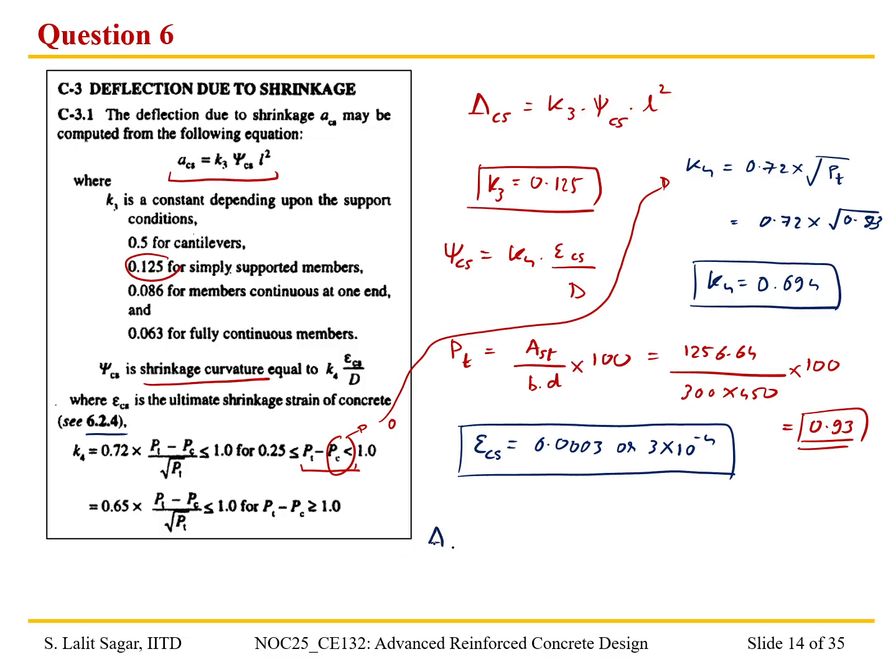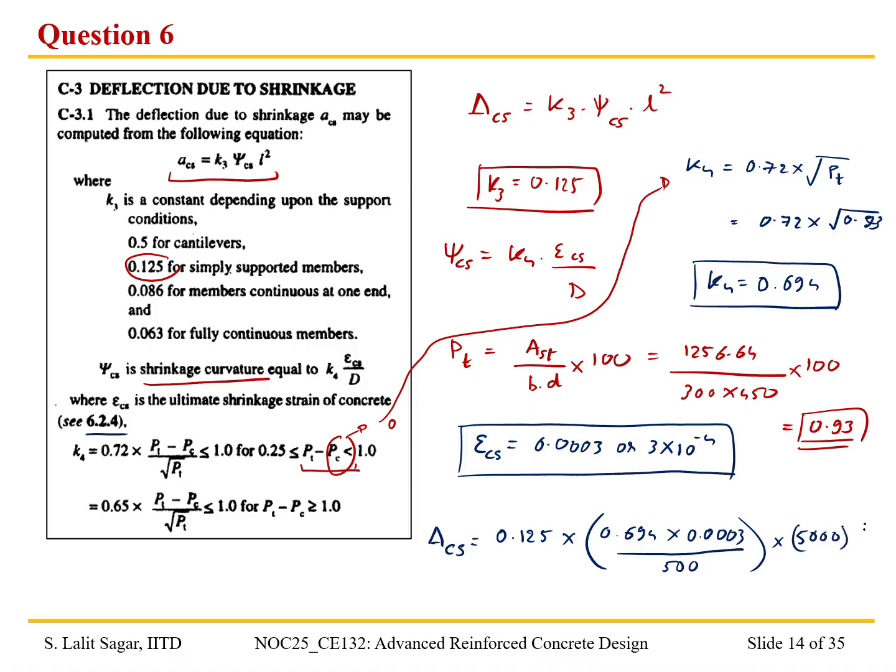Delta CS is given by K3, that is 0.125, into psi CS, that is K4, which is 0.694, into epsilon CS, which is 0.0003, divided by the overall depth, that is 500, multiplied by L square, that is 5,000 square.